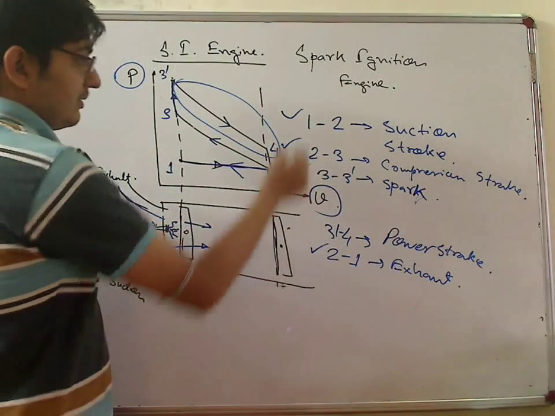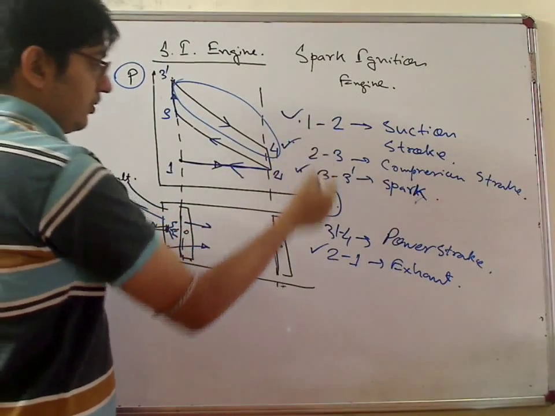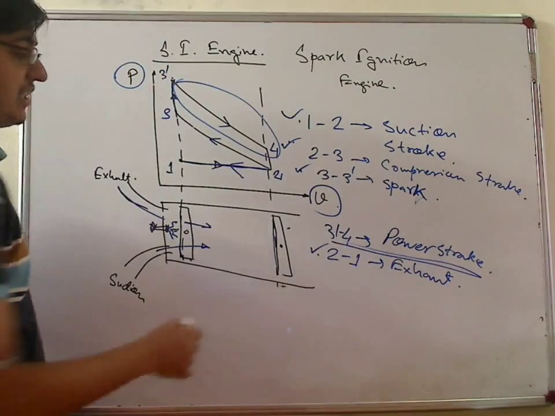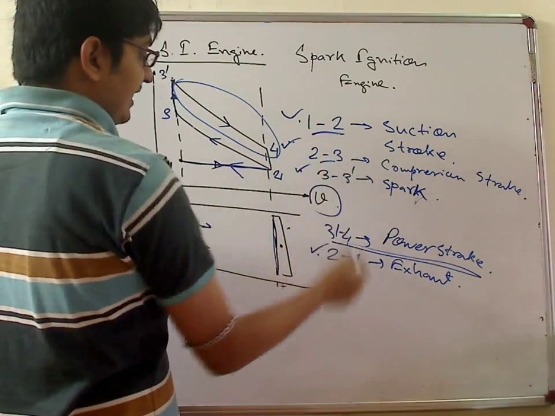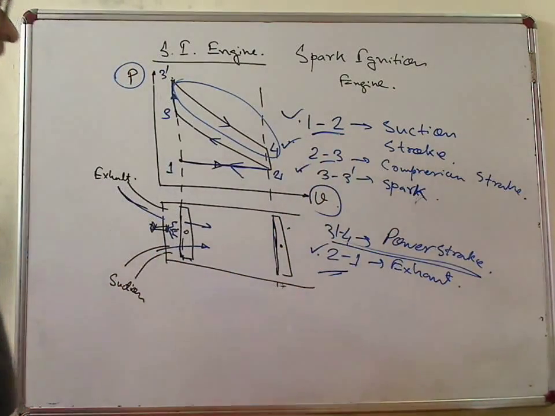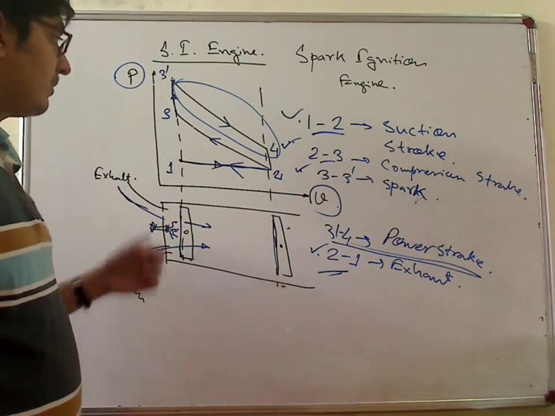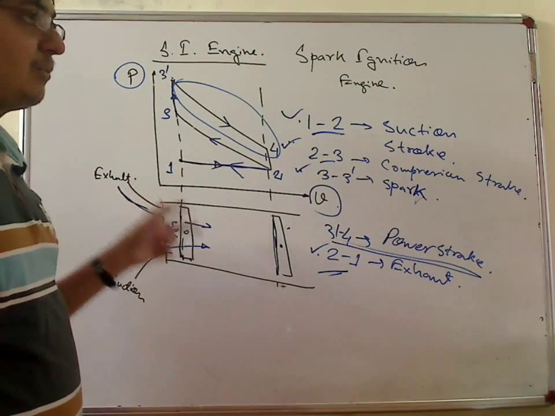Ultimately the work added by the other strokes is less than the power stroke's mechanical energy. So ultimately we get some amount of mechanical energy from one cycle.